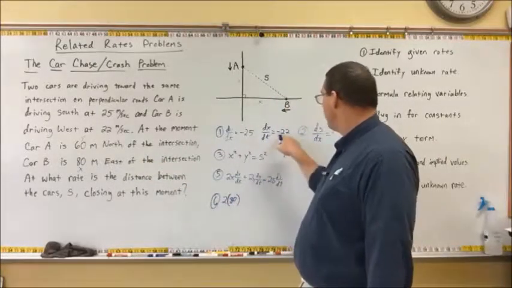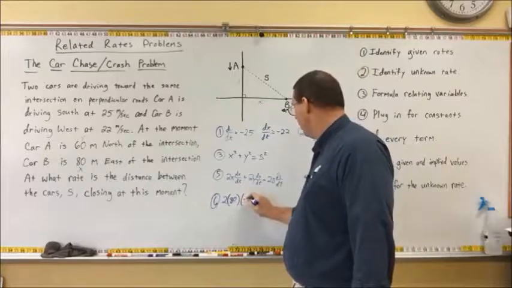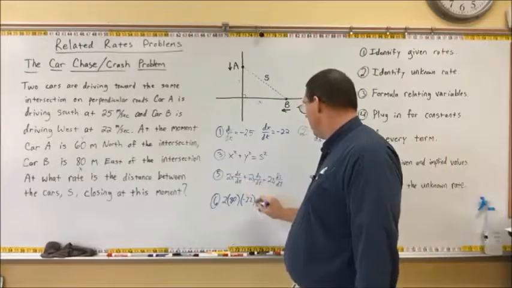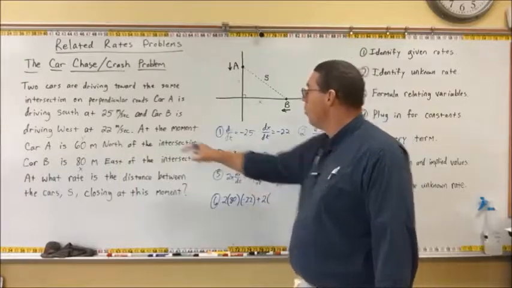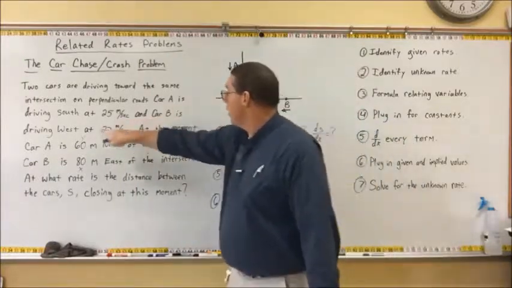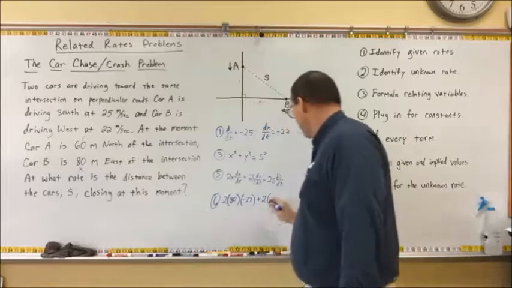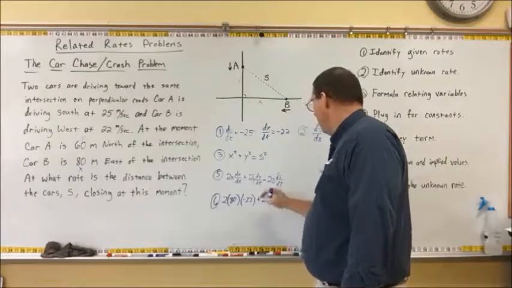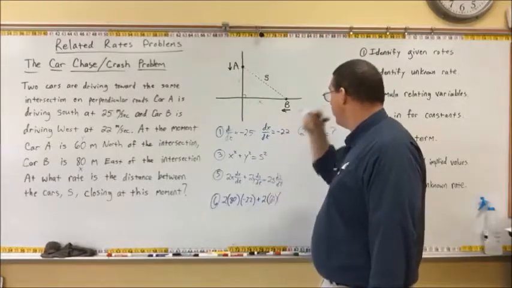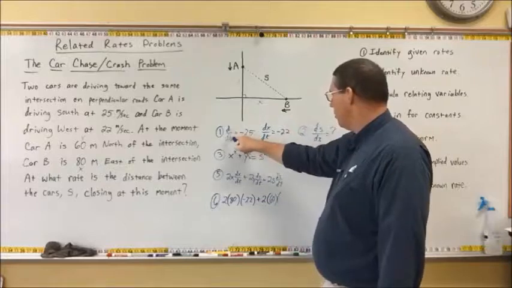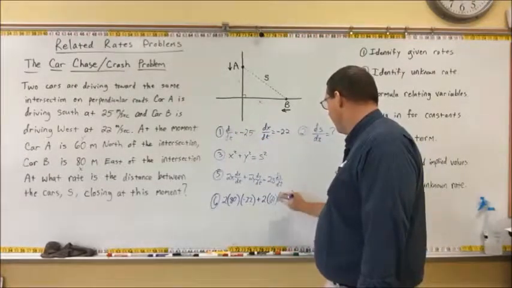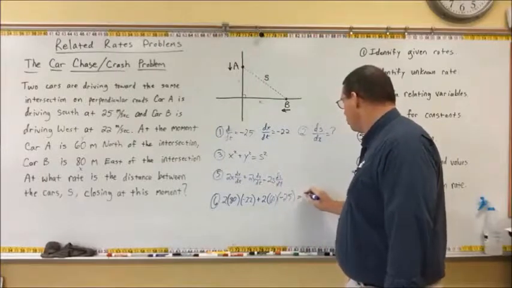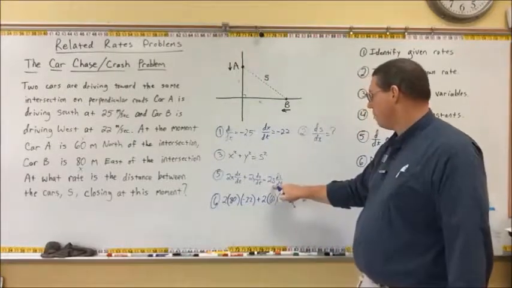dx/dt, well, that's negative 22, plus 2 times y. Well, the distance of y is 60 meters. So I'll put a 60 here. dy/dt is up here. That was given to us. The rate of change, negative 25, equals 2 times s.